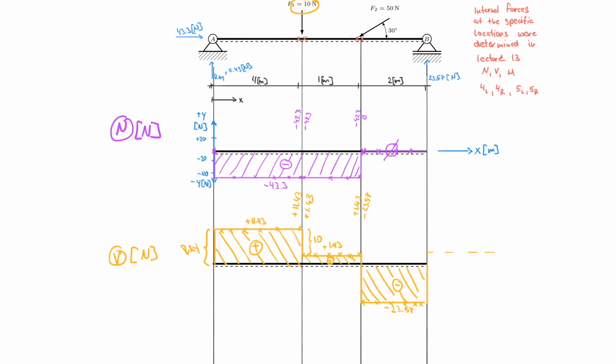That jump is equal to 50 times sine 30, because that is the vertical component. And then we have a last jump here, which is equal to RBY.